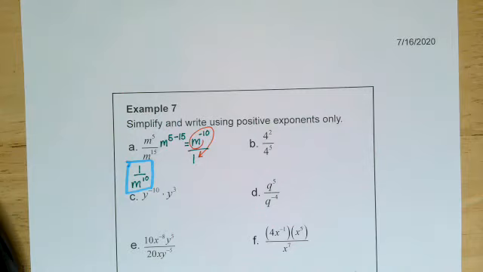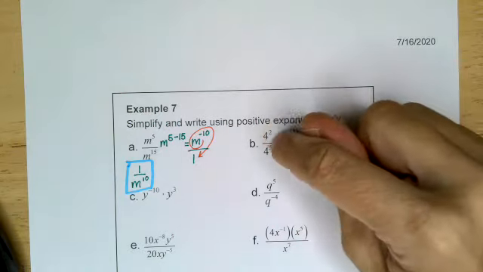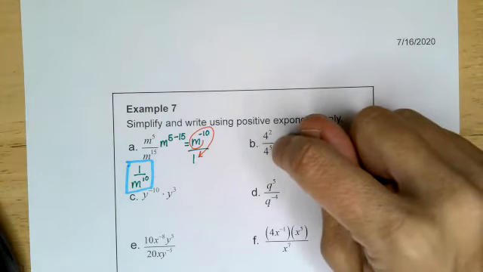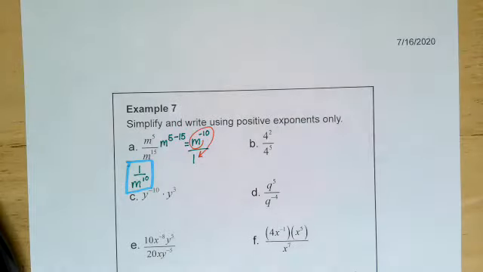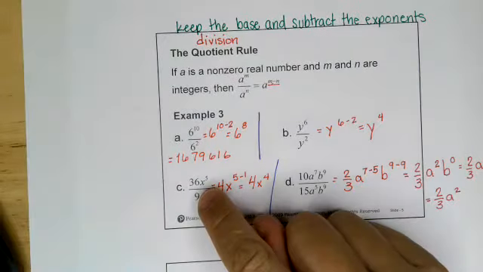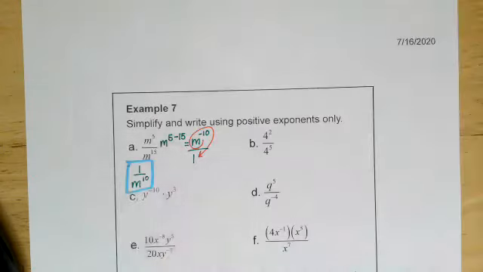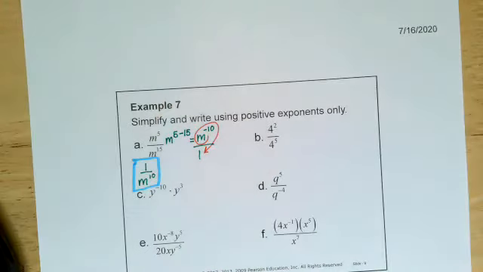So I've heard people ask, can I just divide 4 by 4 like we did with 36 and 9, right? 36 and 9 became 4. So couldn't 4 by 4 become 1?